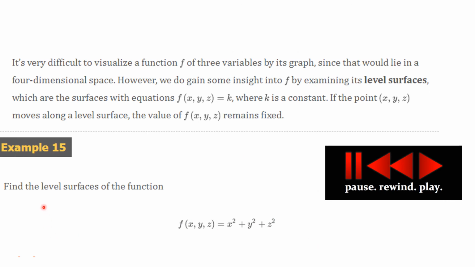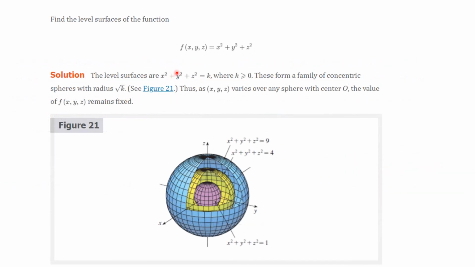And so here's an example. Find the level surfaces of this function. You know what to do. Let's see how you did. And of course, if I set that equal to k, I get a sphere. So this thing is constant on the spheres.